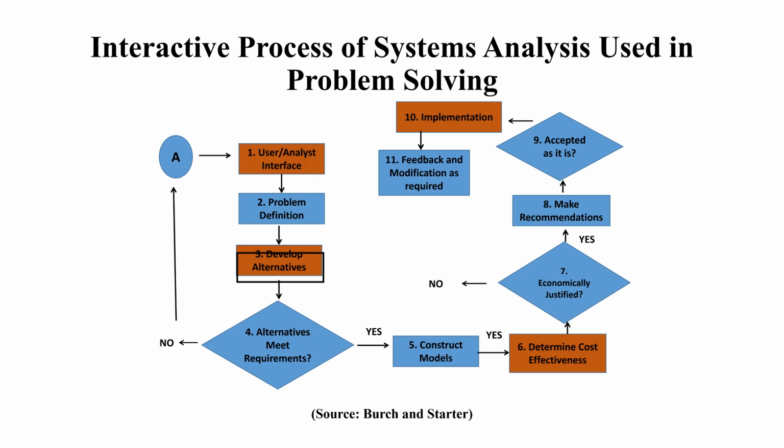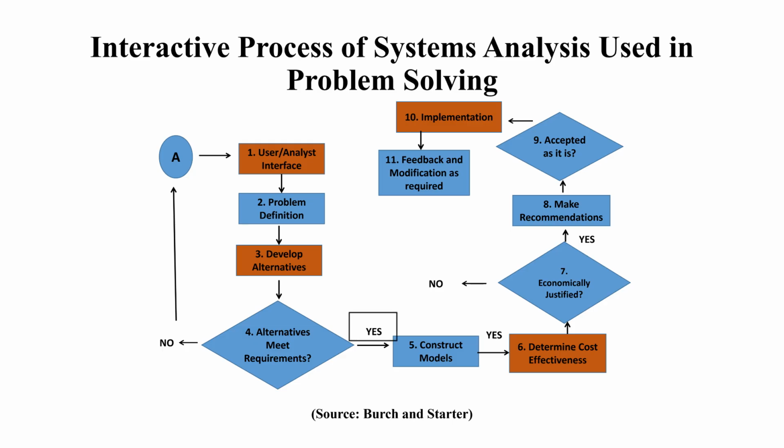Then the problem is defined. After considering the user need, the main problem is defined in the next stage. Then to solve the problem, many alternatives are developed. The next question is, alternatives are developed, but whether they are meeting the requirements or not. If not, then again we have to start from the beginning.